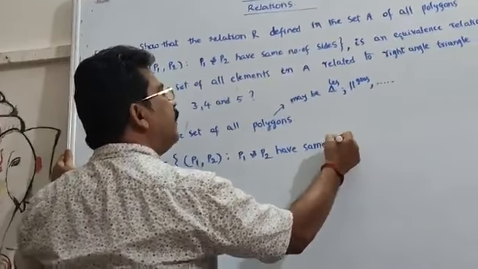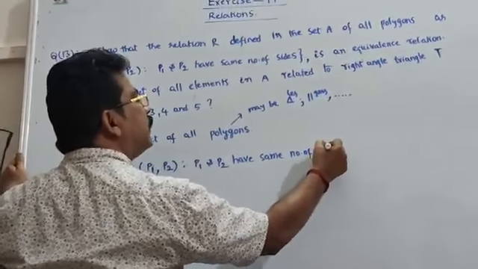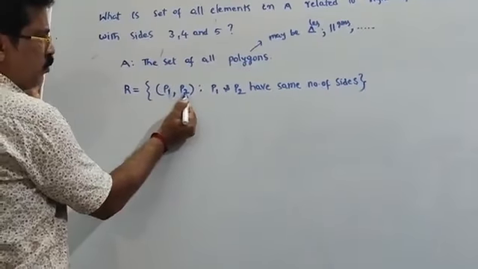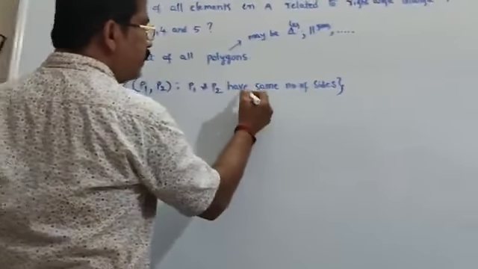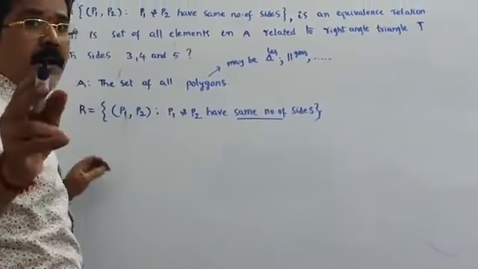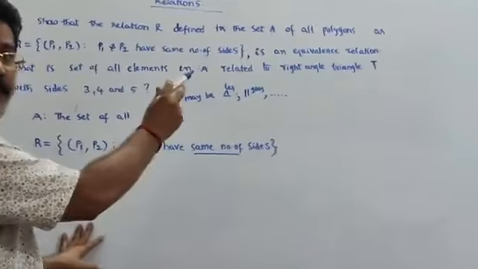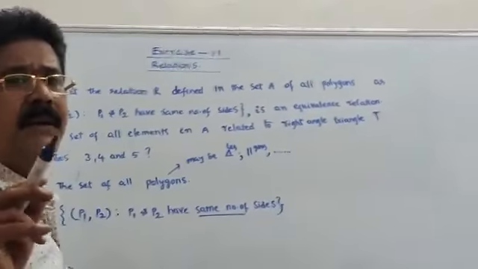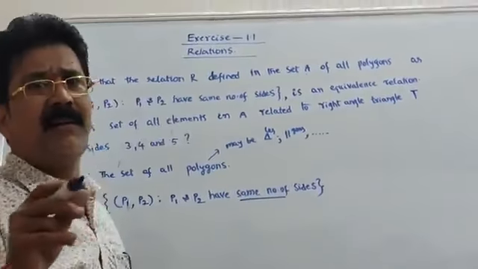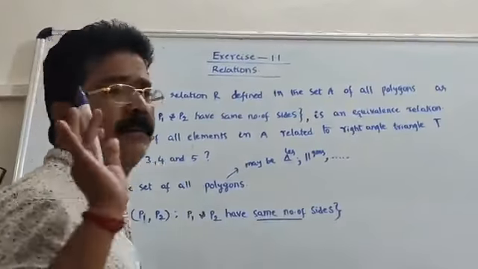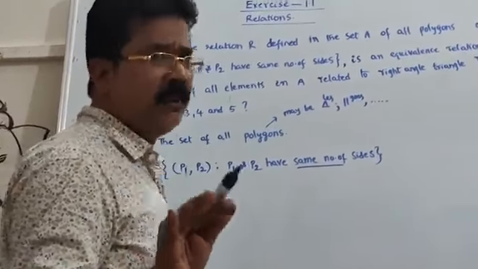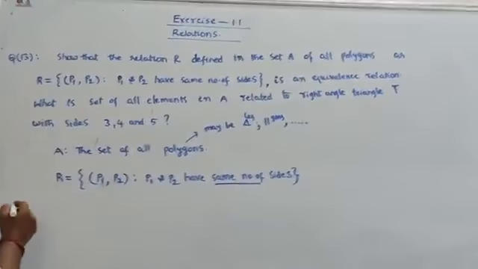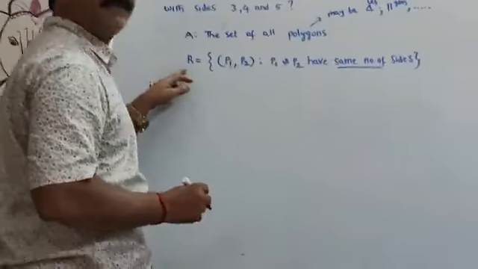Already I said in the previous question, same, parallel, similar, equal, congruent, these are all represented by equivalence relation. I already said the shortcut. Now, of course, for board level, we are proving it like that. So, number 1, we have to show that capital R is reflexive.